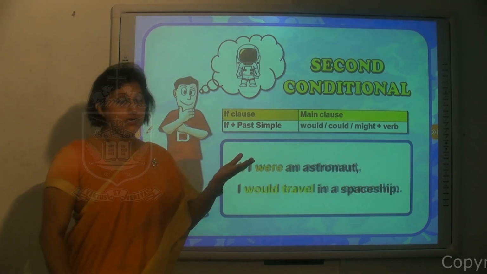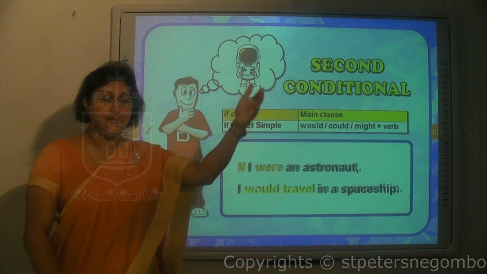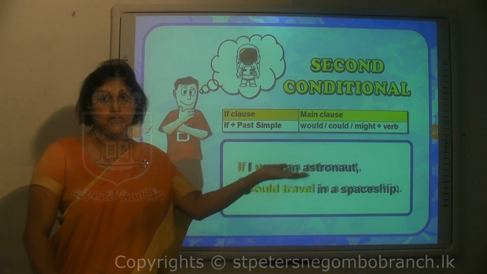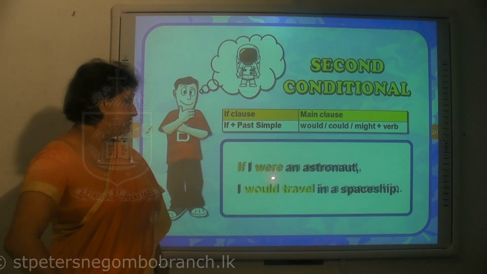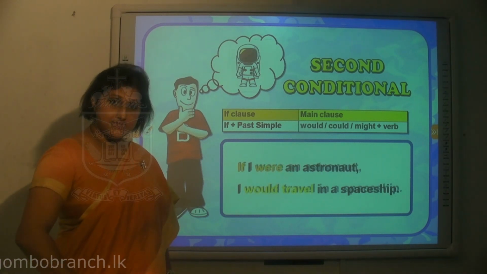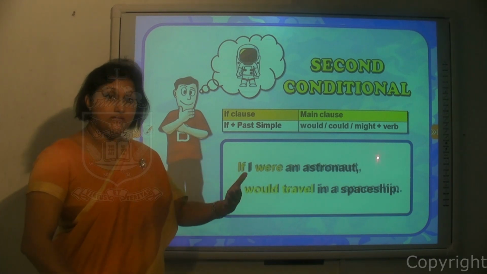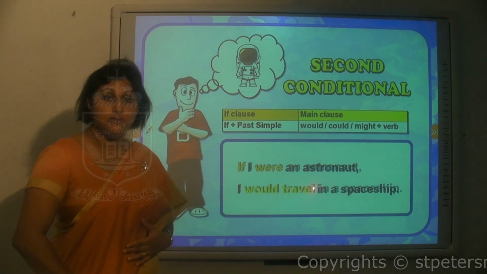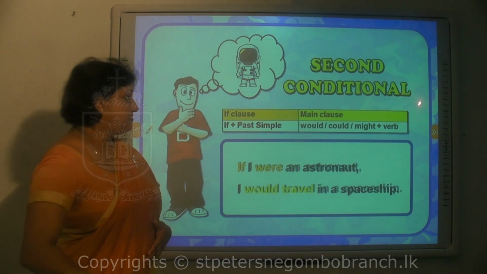Earlier we were talking about the if clause in simple present tense, while the main clause comes in simple future. But here it changes. The if clause is given in simple past tense. And what has happened to the main clause? The word will has changed into would. I would travel. So here, we'll move on to the structure.